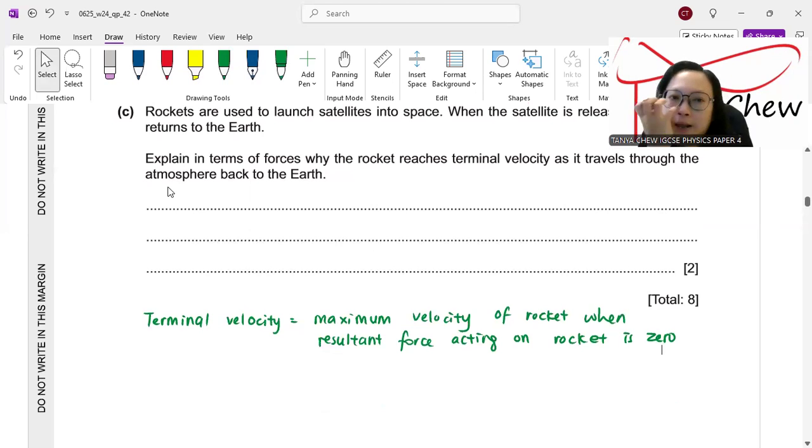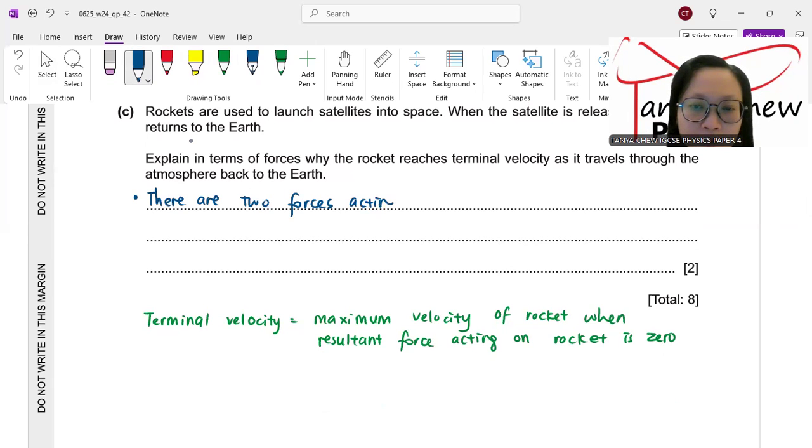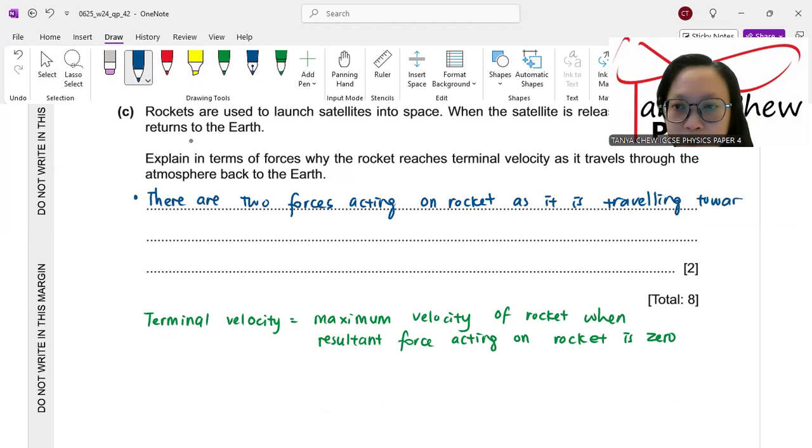Now, let me explain in terms of forces because it is definitely more than one force. So, in terms of forces, I would say that there are two forces acting on rocket as it is traveling towards Earth, right?